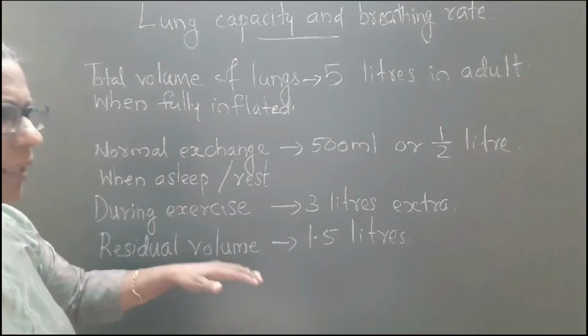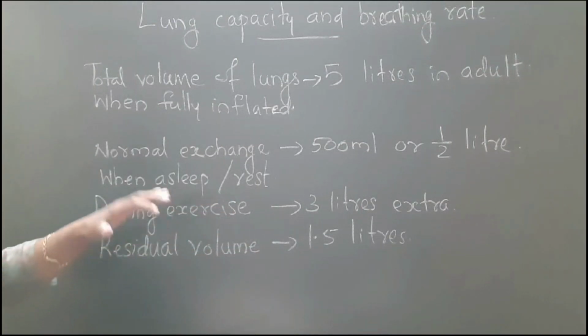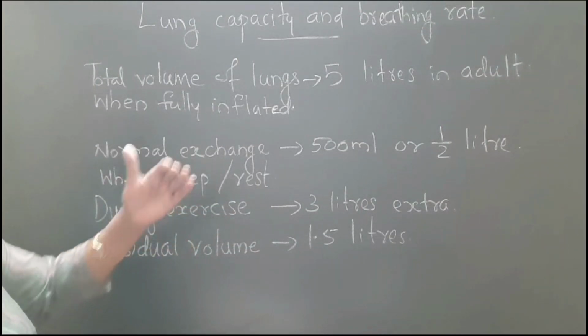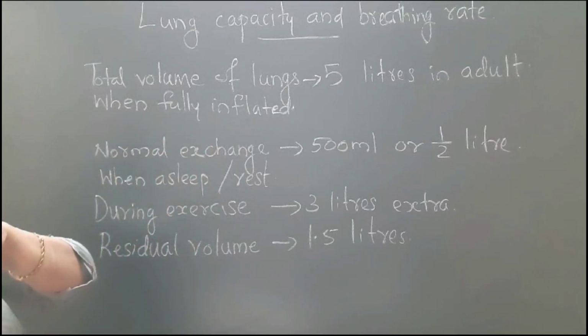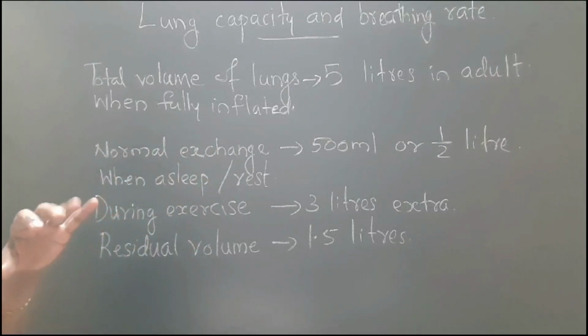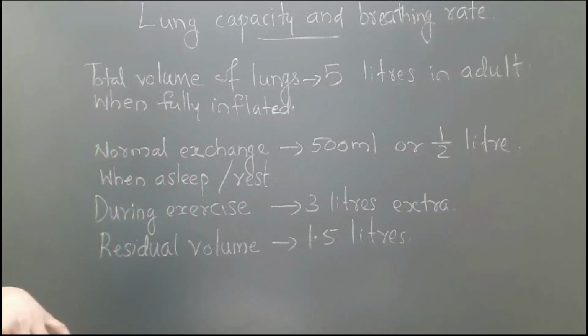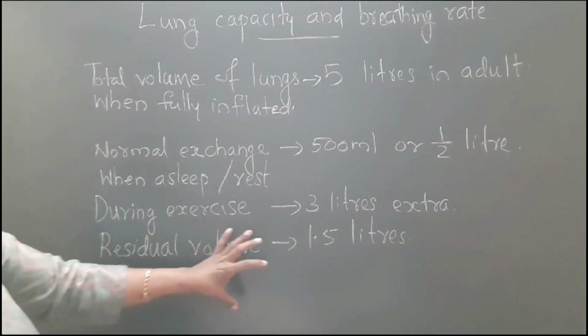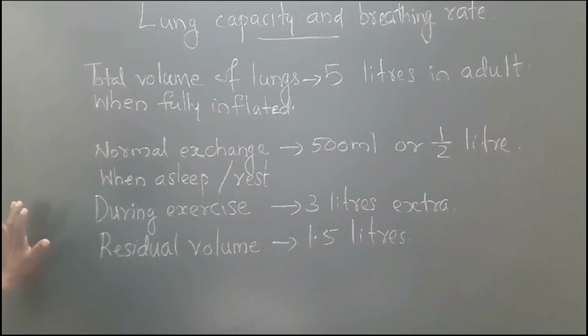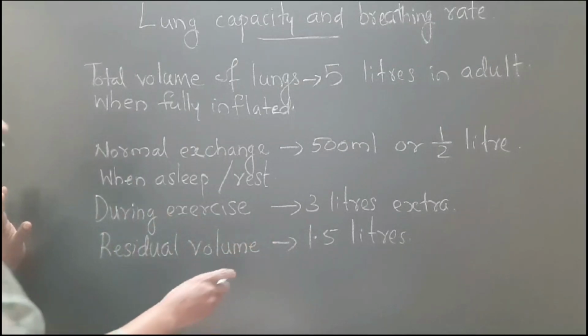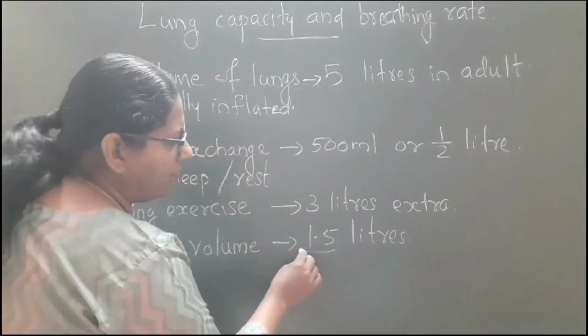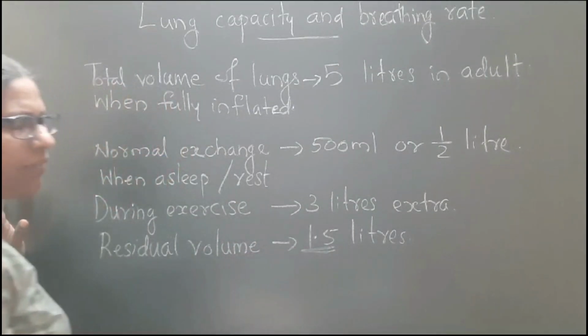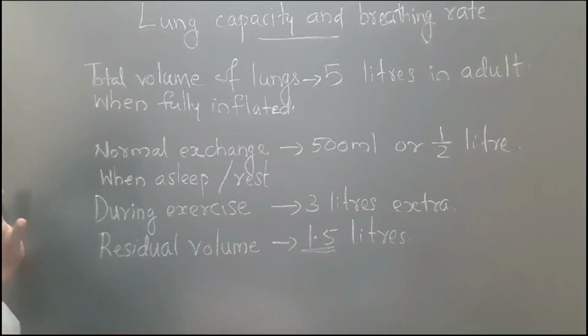So that our lungs get sufficient time to take in oxygen and release carbon dioxide, and our body will not lack oxygen. So we always keep 1.5 liters of air in the lungs.